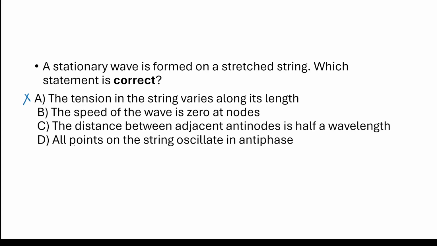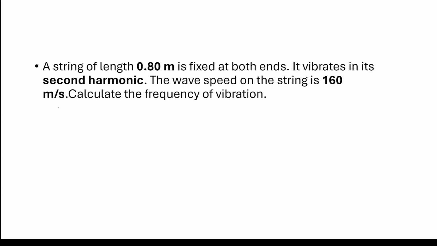For that, you have to just think that if a wave becomes 0, then it is not moving, and if it is not moving, it cannot produce a stationary wave in combination with the first wave. So that is not right. The distance between adjacent antinodes is half the wavelength. So that is right. It is always half the wavelength.